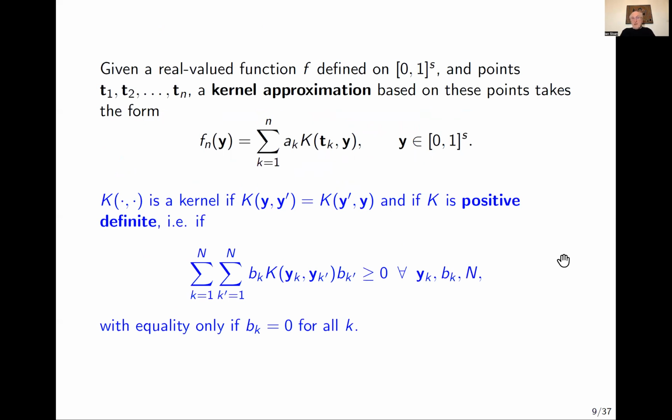So we're going to use a kernel approximation of a given real valued function f. For the moment, I talk just about a function of the stochastic variables. Forget the physical variables for a moment. So the kernel approximation of f takes the form of a linear combination of kernels K anchored at t_k, so it's a sum of a_k K(t_k, y).